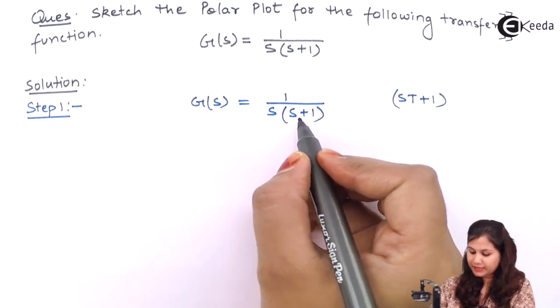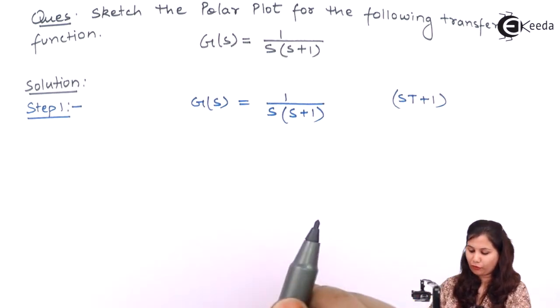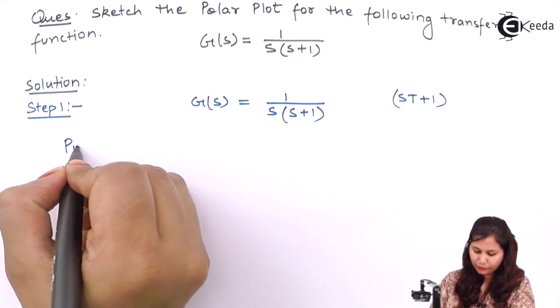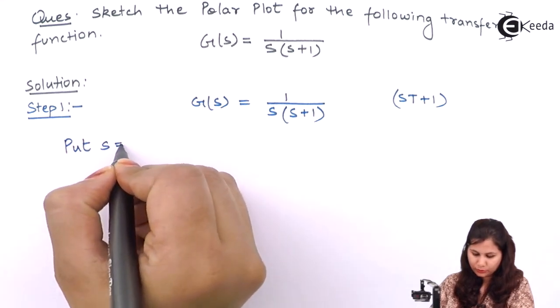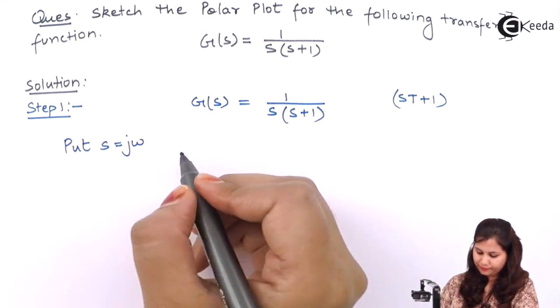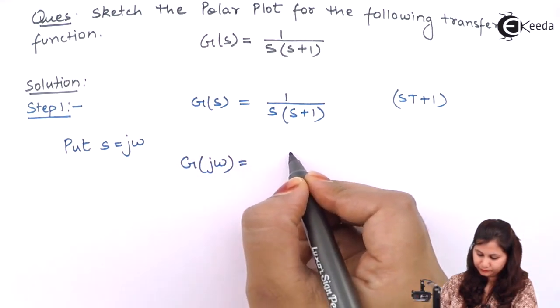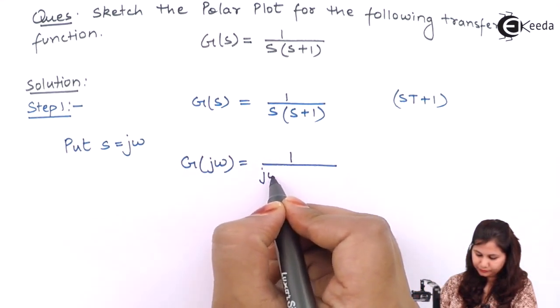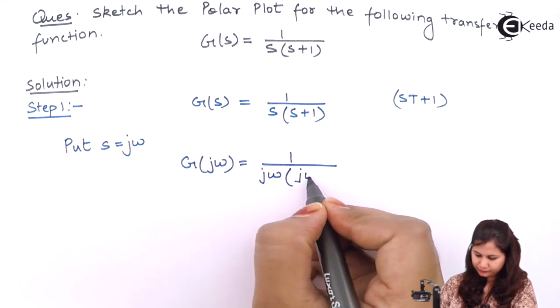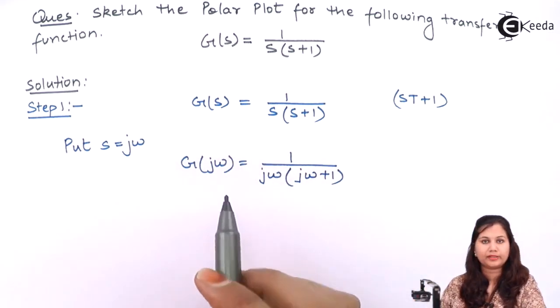Here T equals 1. So we have to just put s equals j omega in this transfer function. So this was our first step.